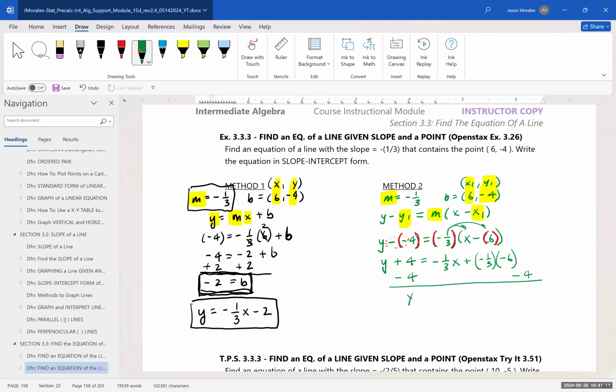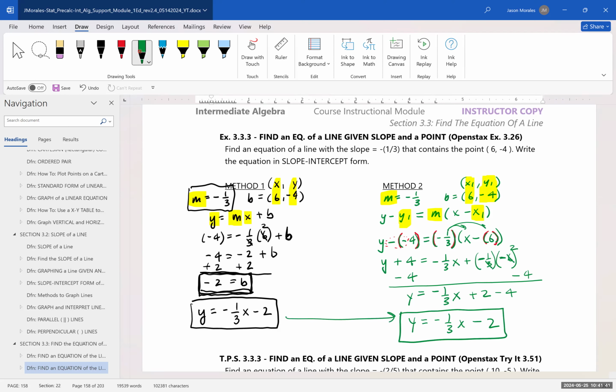So we have y equals -1/3 x, and 3 goes into 6 two times. A negative times a negative is a positive, so that gives us +2, then -4. So we've got y equals -1/3 x minus 2.